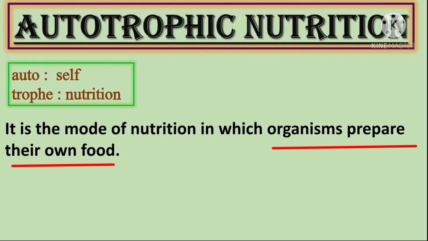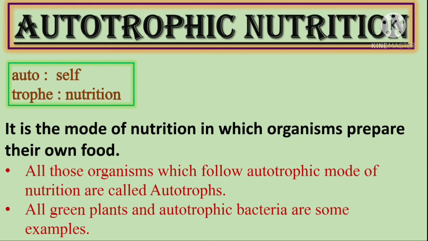So that very mode of nutrition where a living organism need not depend on any other living organism for their survival and for their nutrition, and they prepare their own food, is called the autotrophic mode of nutrition. And all those organisms which follow the autotrophic mode of nutrition are called autotrophs.